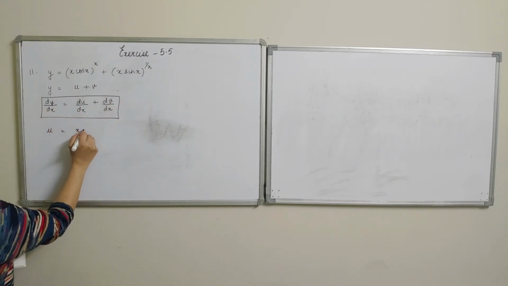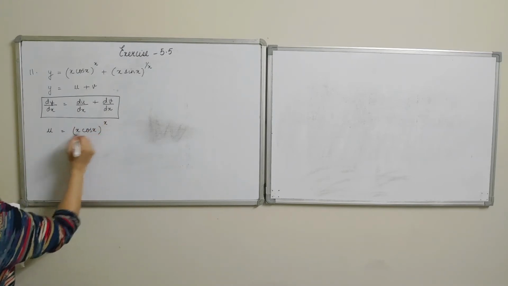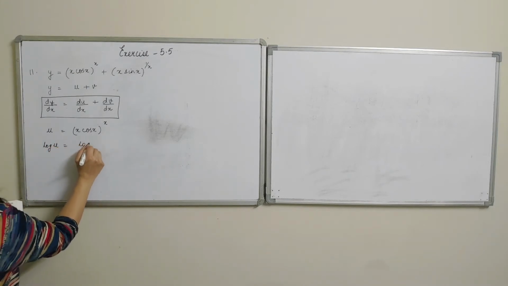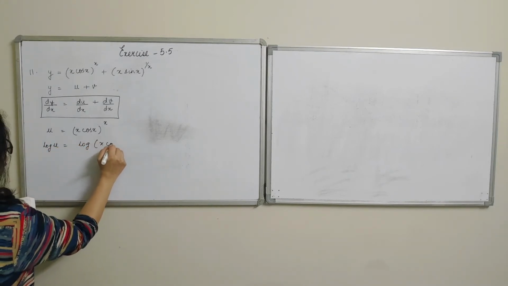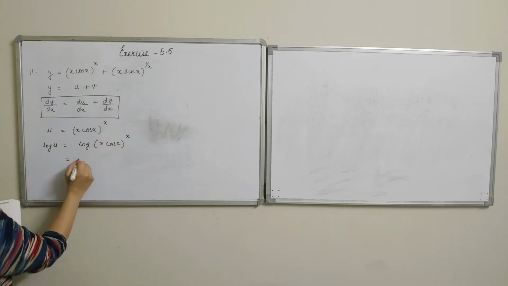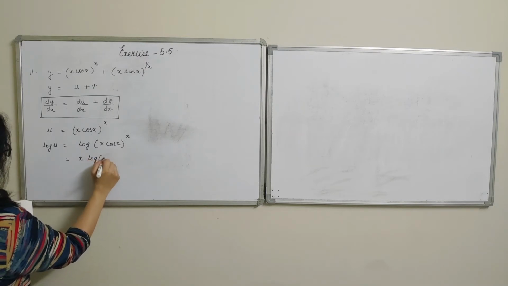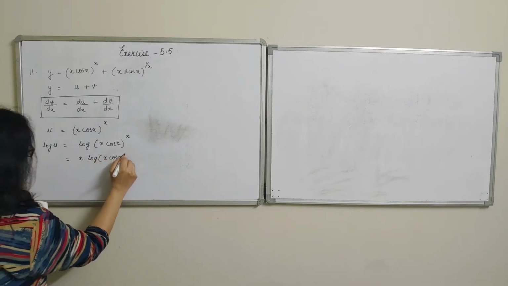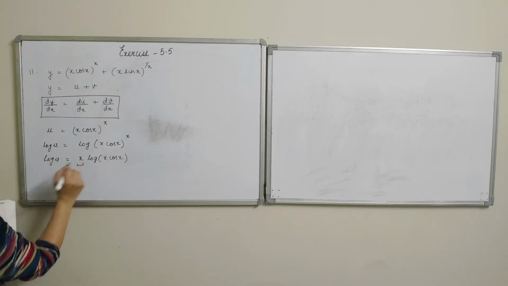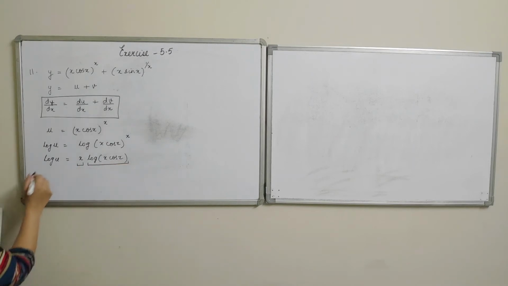u is x cos x power x, a special function, so taking log on both sides, log of x cos x power x. So right side is x log x cos x. So one function is x, the other is a composite log function.